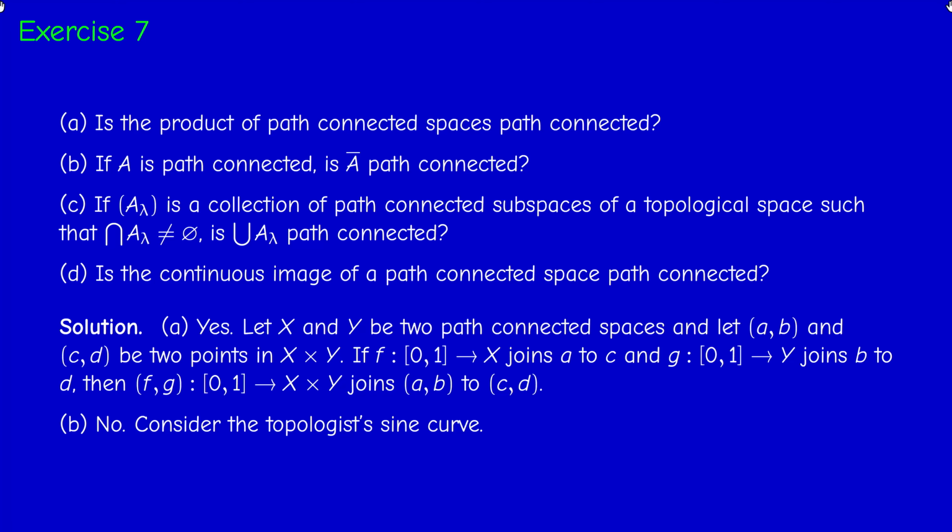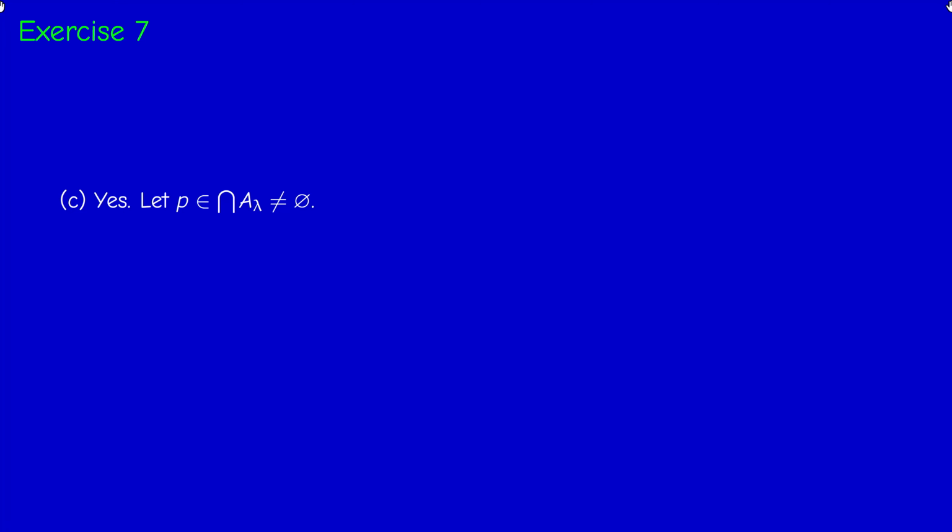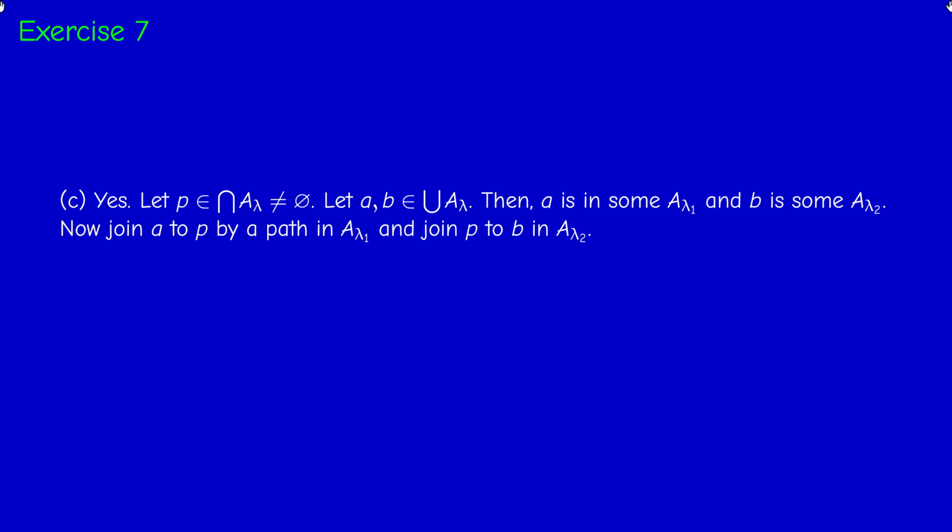Third question. Yes, the answer is yes. Take a common point P in the intersection of all A lambda and consider two points A, B in the union. Then A belongs to some A lambda 1 and B belongs to some A lambda 2. Now P belongs to both A lambda 1 and A lambda 2 because it's in the intersection.